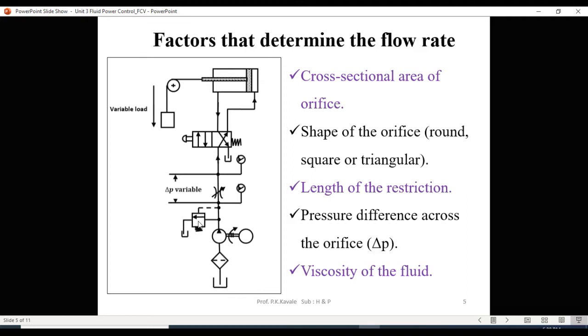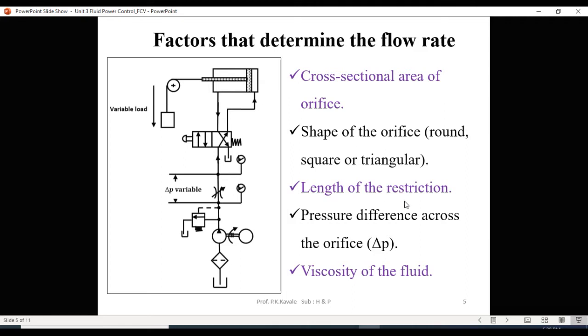What is a flow control valve? It is nothing but an orifice. So the factors that determine the flow rate depend upon the cross-sectional area of the orifice, the shape of the orifice, whether round, square or triangular, the length of restriction, the pressure difference, and the viscosity of the fluid.